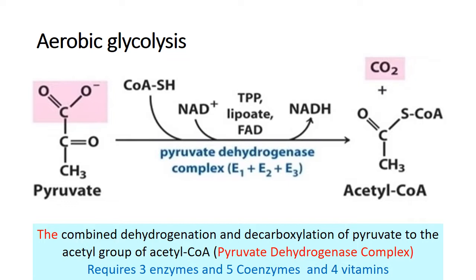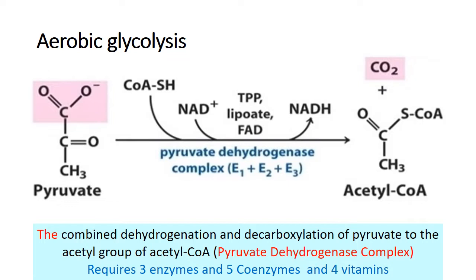The pyruvate dehydrogenase complex is a combination of 3 types of enzymes: E1, E2 and E3. E1 is known as pyruvate dehydrogenase, whereas E2 is dihydrolipoyl transacetylase, and E3 is dihydrolipoyl dehydrogenase.